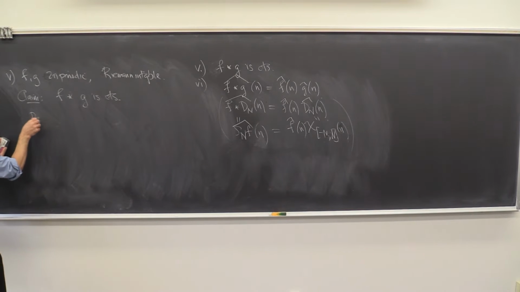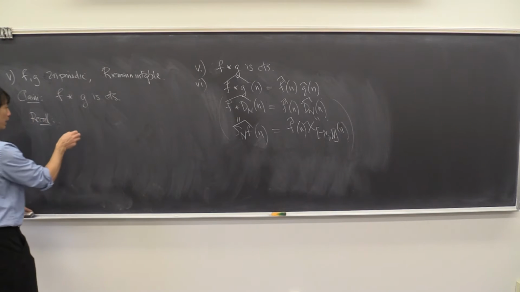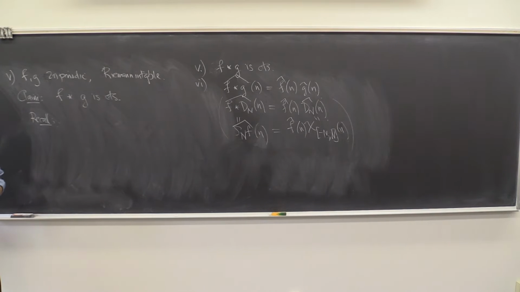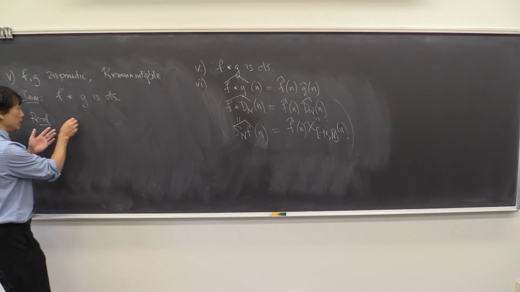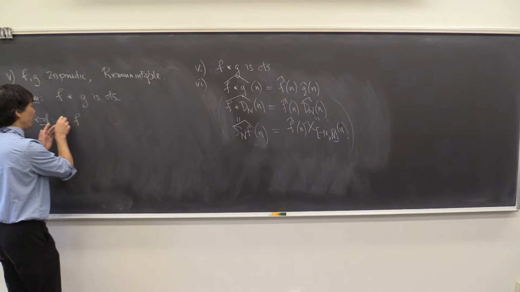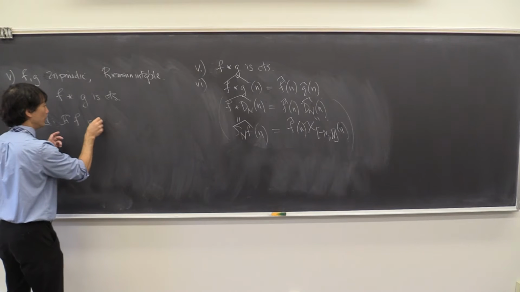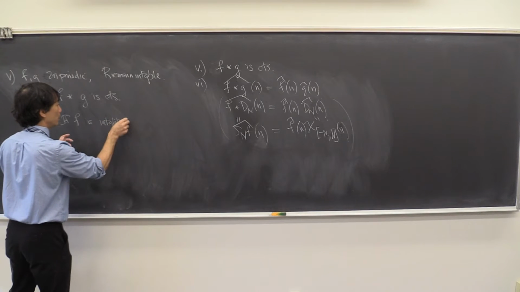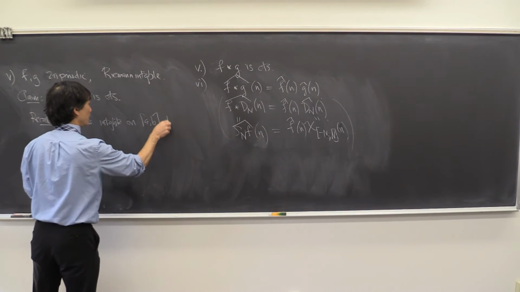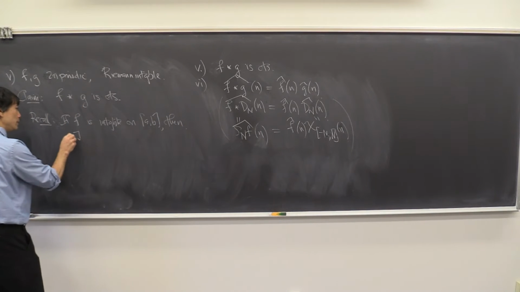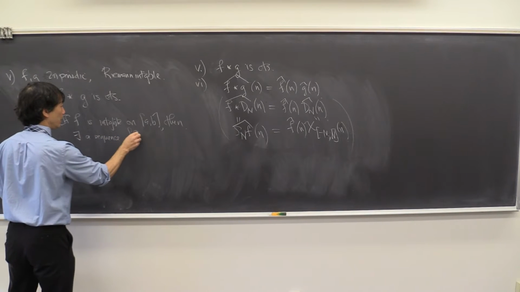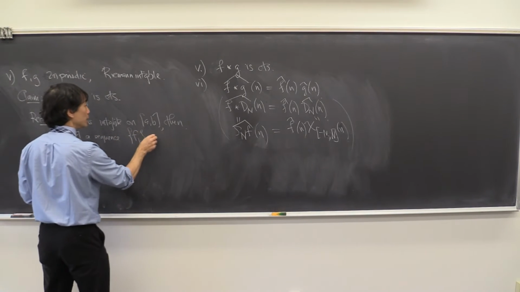Recall that we had this fact at the beginning that integrable functions can be approximated by continuous functions. We didn't prove it, but in the appendix it says if f is integrable on some interval [a, b], then there exists a sequence f_k of continuous functions.